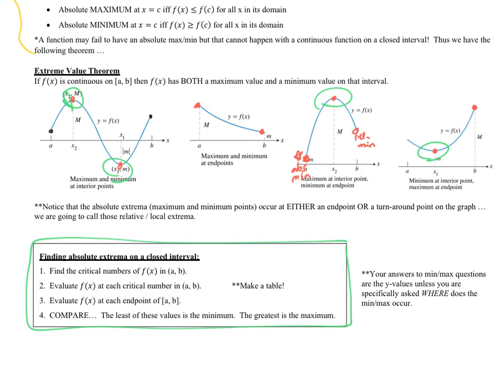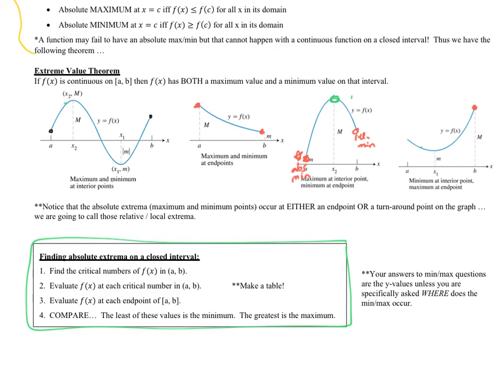If we don't have a continuous graph, then we've got to be careful. Let's look at a couple of these graphs and what could happen. I'm going to change one slight thing. If we take this graph over here, and I make this an open circle, there's a point of discontinuity there at x sub 2.